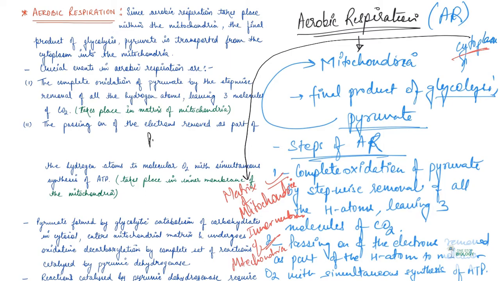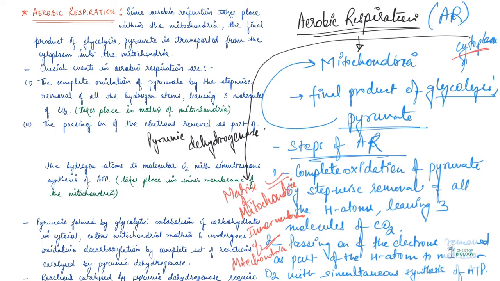So the enzyme involved is pyruvic dehydrogenase, right? And the reaction requires participation of several coenzymes as well, including NAD plus and coenzyme A. During this process, two molecules of NADH are produced for metabolism of two molecules of pyruvic acid. Two molecules of pyruvic acid are produced from one glucose during glycolysis, right?